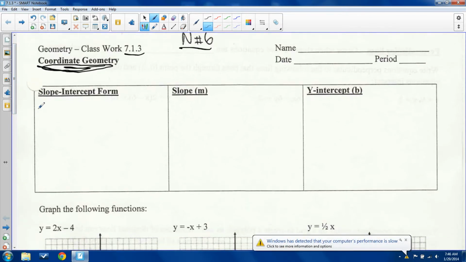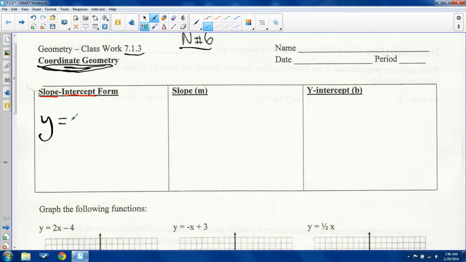Slope-intercept form is the form when you are given a slope and a y-intercept, or that's what's given in the equation. So you can convert another equation to it, which we'll do at least once here, and then use that information to graph something.